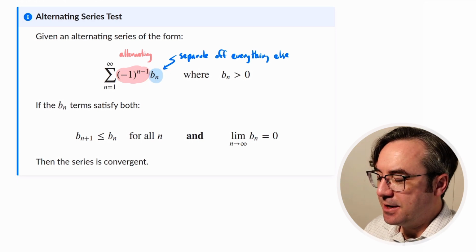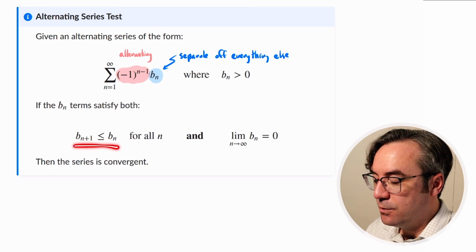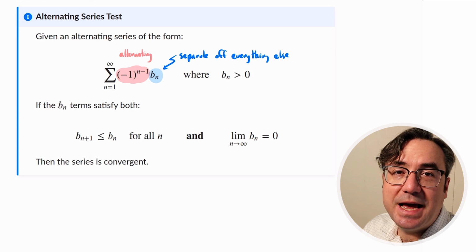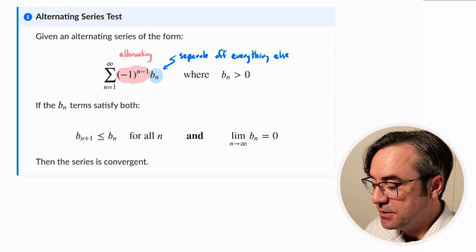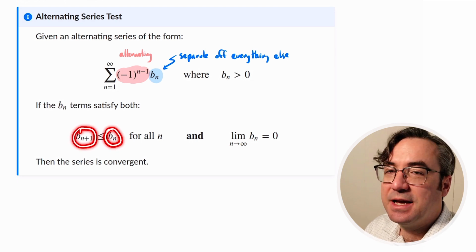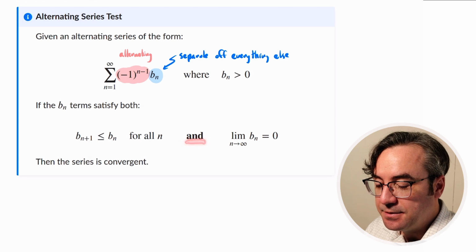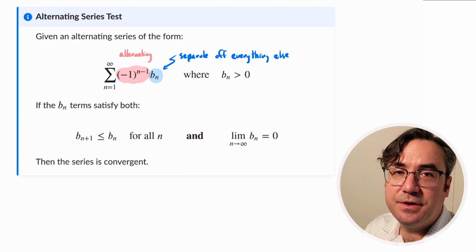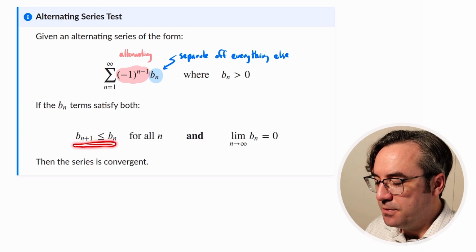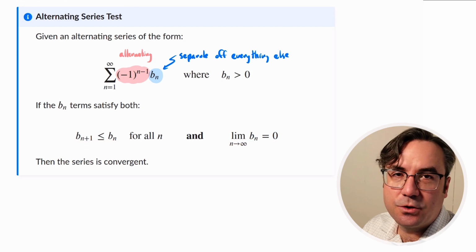And the things we check are this sequence Bn has to be decreasing. So Bn plus 1 has to be less than or equal to Bn for all n. And the limit of Bn as n goes to infinity also has to be 0. These aren't equivalent statements.